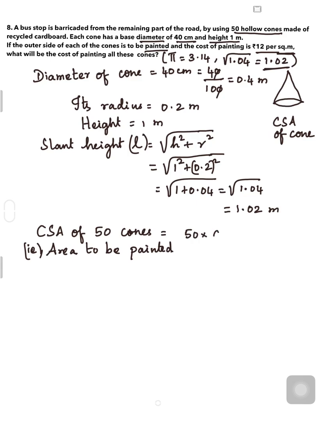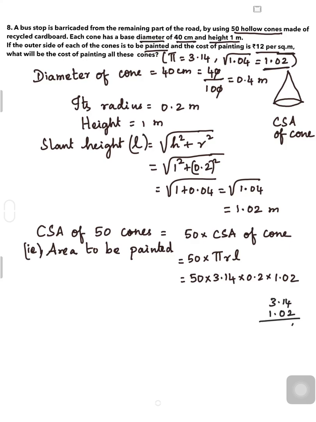So what is that? 50 into CSA of the cone, that is 50 into pi RL. So 50 into what is pi given? 3.14 into what is R? 0.2 into what is L? 1.02. So when you do the multiplication, 50 into 0.2 is 10.